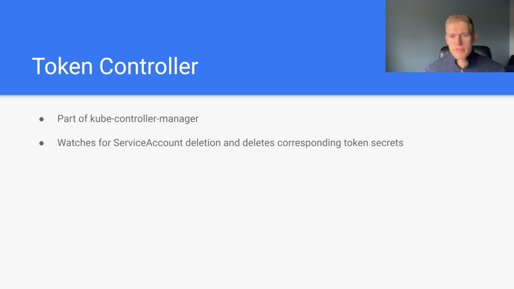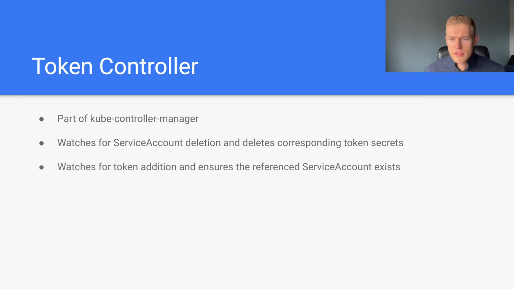A few of the functions that the token controller has are to watch for service account deletion and delete the corresponding token secrets. So if we have a service account deleted, we obviously don't want to have the secrets associated with that service account, for example the tokens, to be hanging in our Kubernetes etcd storage essentially.